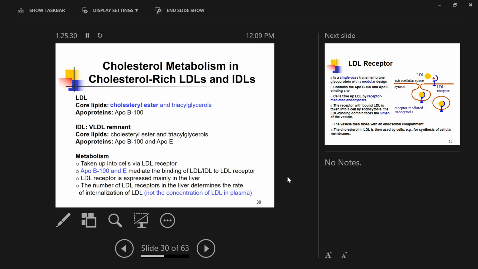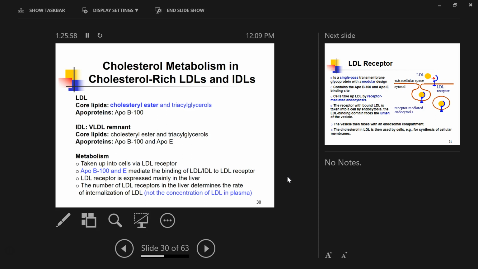So if LDL wants to get into the cells, it needs to bind the LDL receptor, and LDL receptors help uptake the LDL into the cells. And we mentioned earlier that ApoB100 and ApoE, these two apoproteins, mediate the binding of LDL or IDL to LDL receptors.